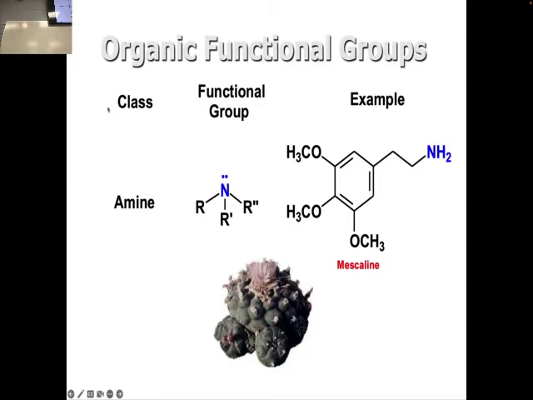That is dimethylamine. It's got two CH3 groups, so again, don't worry about the naming. But it too is an amine. The nitrogen's attached to three different things and has a lone pair. I can also have nitrogen with three methyl groups. That's called trimethylamine.